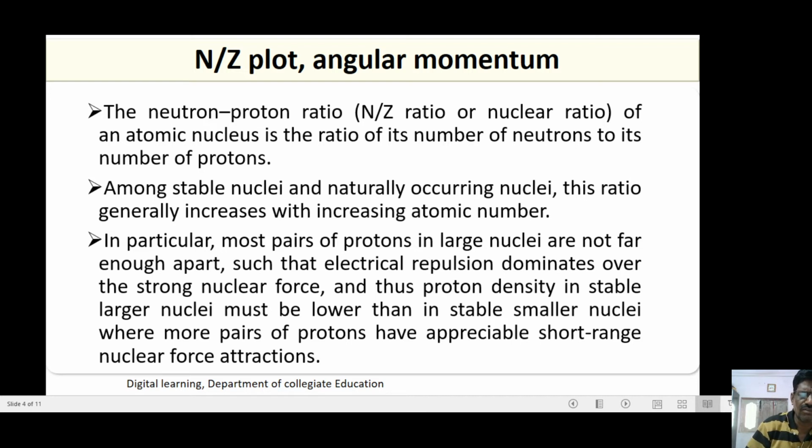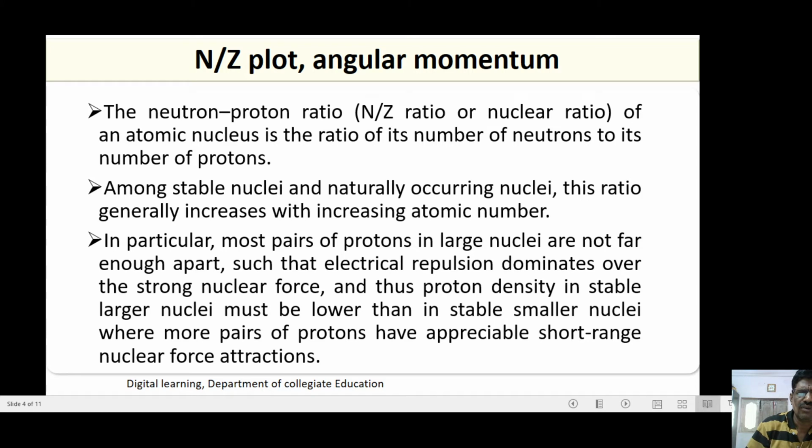In particular, most pairs of protons in large nuclei are not far enough apart, such that electrical repulsion dominates over the strong nuclear force, and thus proton density in stable larger nuclei must be lower than in stable smaller nuclei, where more pairs of protons have appreciable short range nuclear force of attraction.